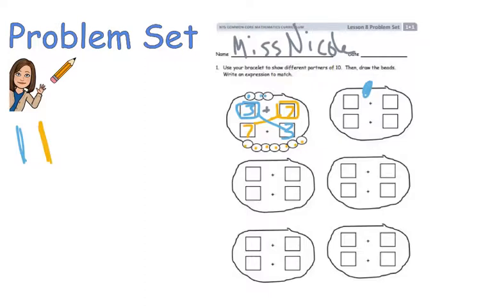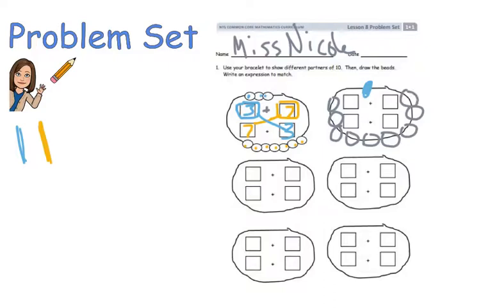Now I'm going to use the counting on strategy to find out how many more I need to make 10. So watch me do it, and then I'm going to give you time to draw it. Okay? So here we have 1 blue bead. Now I'm going to count on 2, 3, 4, 5, 6, 7, 8, 9, 10.